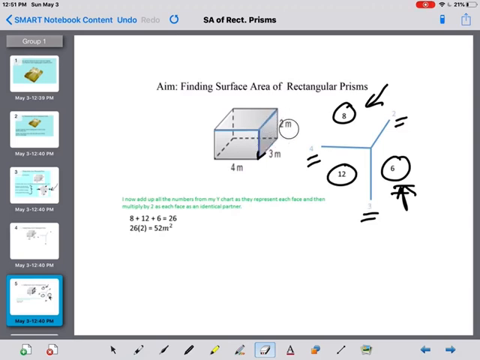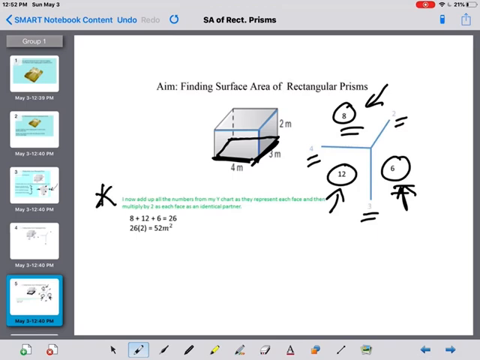And if we wanted to find the area of the bottom or the top, because we know those are going to be the same, let's take a look at this piece here. This has a length of 4 and a width of 3, and that's where that 12 comes from. So each piece of this Y diagram is representing another area of one of the sides of the rectangular prism.